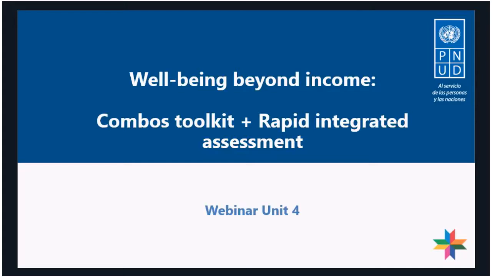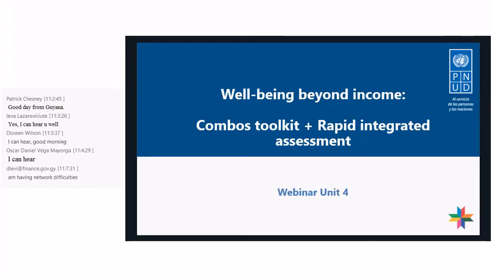So let's get started. As a refresher, as you know, the Combos approach is based on the use of as many tools as we can use in the UN system, and specifically within UNDP. As you know, the umbrella for these steps is the MAPS approach. MAPS means mainstreaming, acceleration, and policy support for the 2030 agenda. The Combos approach is part of the acceleration agenda.